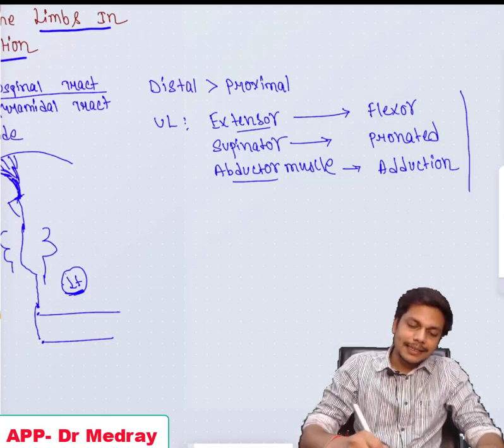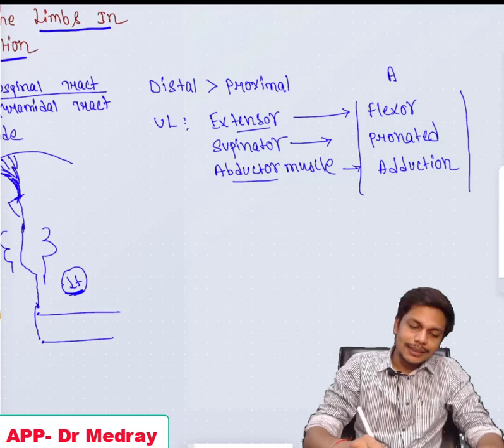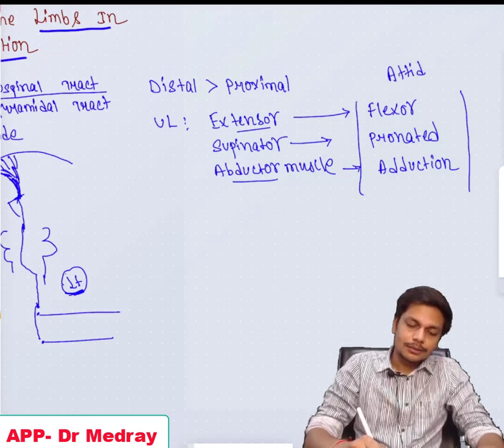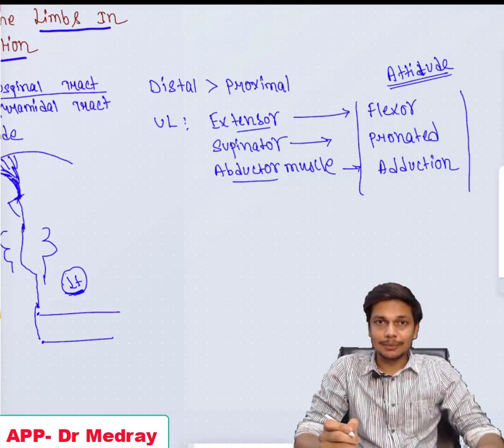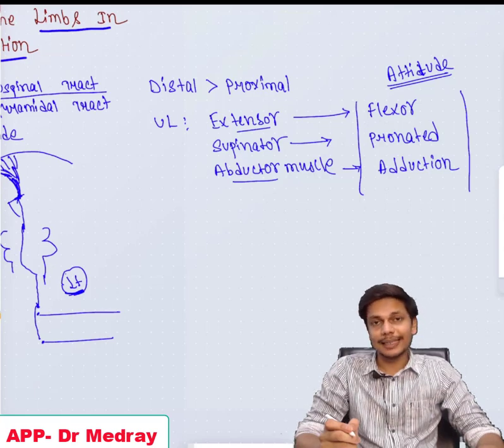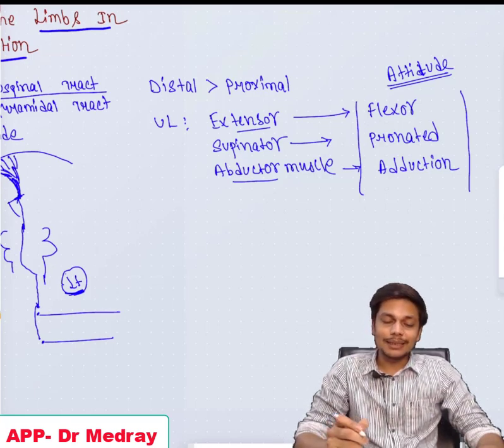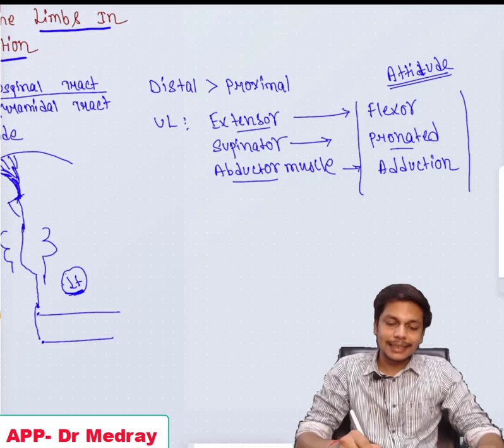So this will be the attitude of the limb in a patient of stroke. If the patient has a lesion at the right internal capsule level, the left limb will be flexed, pronated and adducted.